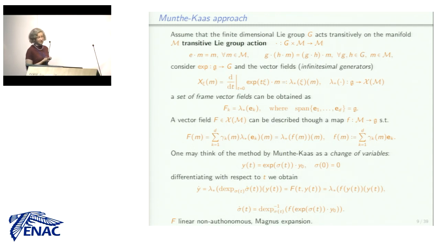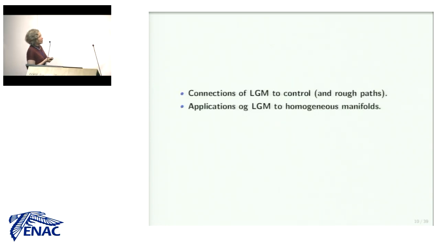So this is straightforward in this case. Okay, I've told you a little bit about the simple ideas behind Lie group methods, and I told you about two ways of generalizing them to higher order.